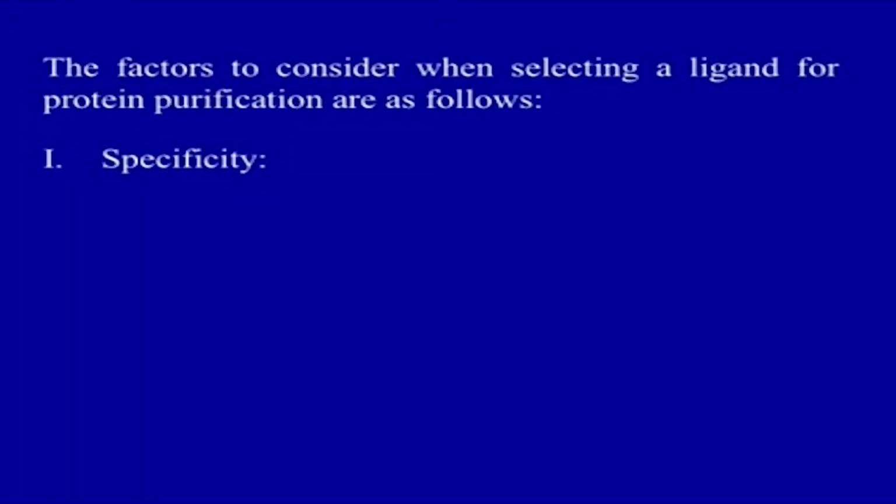Now, the factors to consider when selecting a ligand for protein purification. First is specificity, which is very important. The ligand should recognize only the protein to be purified; it should be highly specific. There could be two different types of ligands.